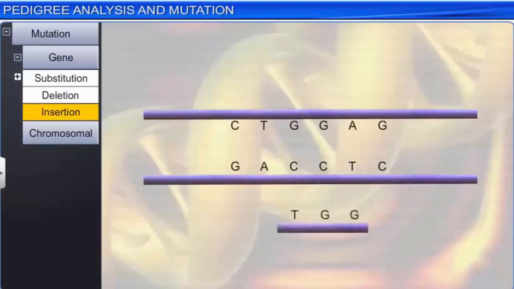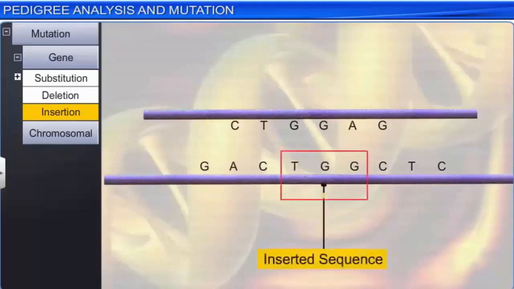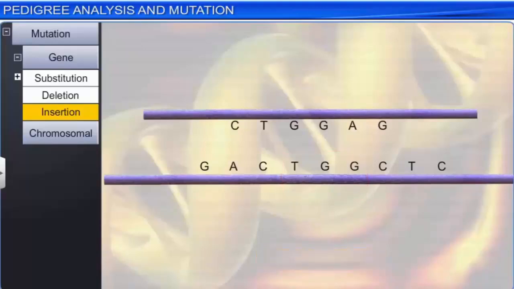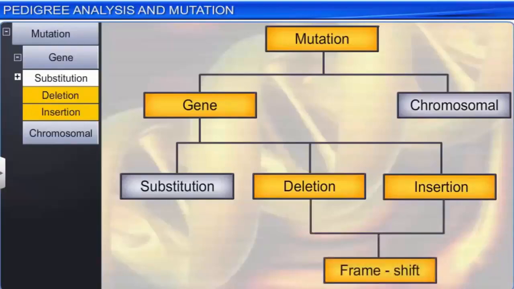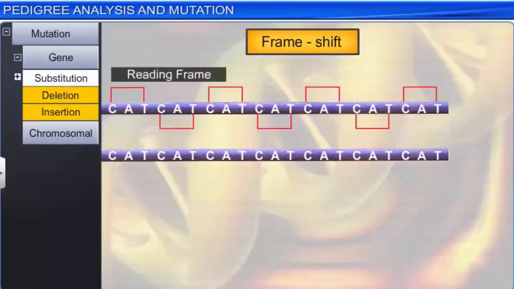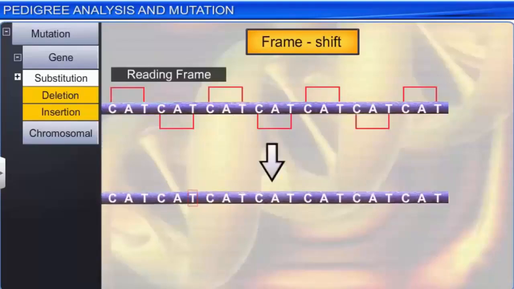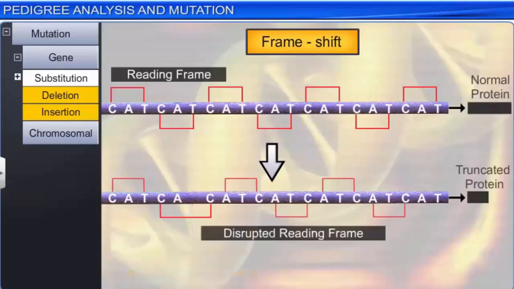For example, in Fragile X syndrome, additions of base pairs in the X chromosome make it fragile, leading to mental retardation. However, when deletions and insertions of several base pairs of DNA occur, it results in a frame shift mutation. For example, Tay-Sachs disease, which causes mental and physical disabilities, is due to frame shift mutation.